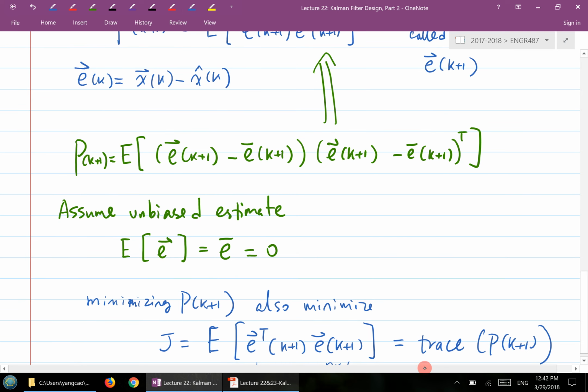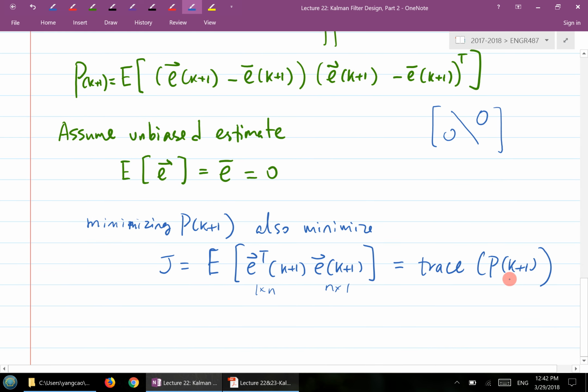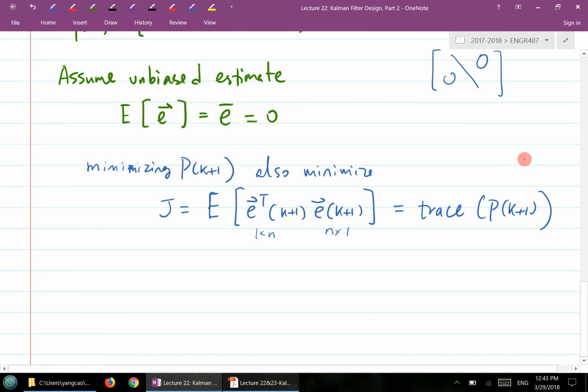This is a covariance matrix, so adding all the diagonal elements up is essentially adding up all the variances for each of the errors, E1, E2, up to EK. So minimizing that is equivalent to minimizing this. This is a summation of the variances of the estimation errors, and minimizing it is equivalent to P being minimized. Same thing.